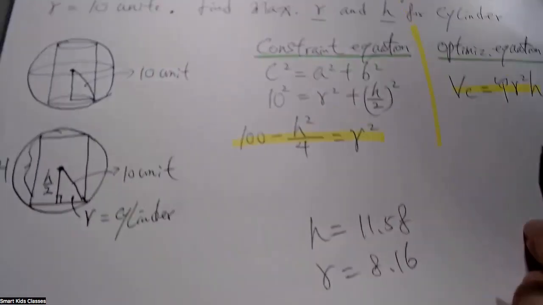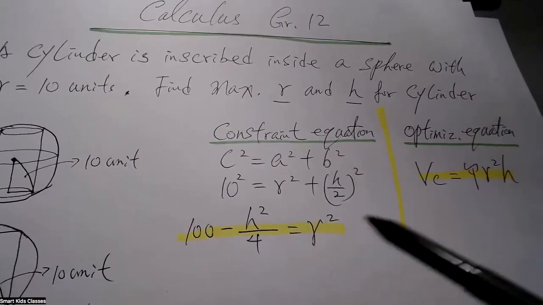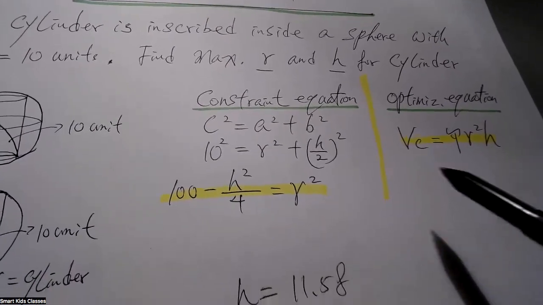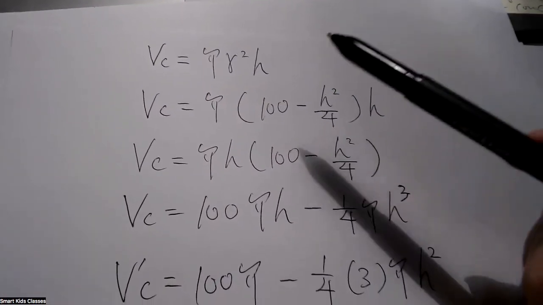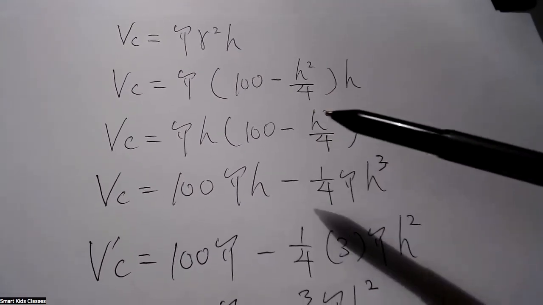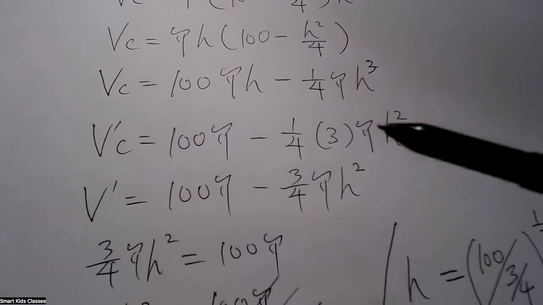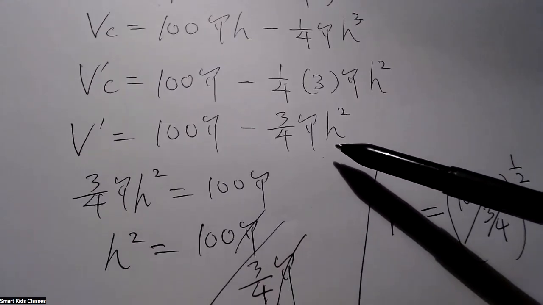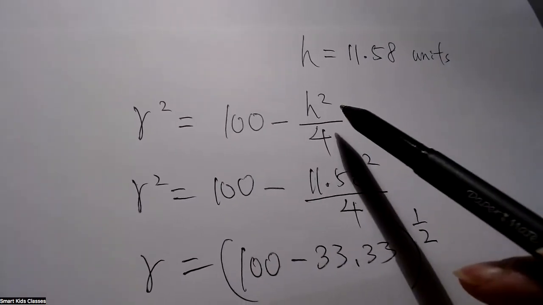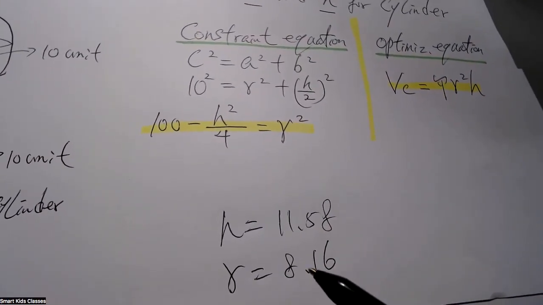That's how we solve the calculus question using the constraint equation and the optimization equation, and use substitution into the optimization equation, simplify, and get the derivative equation ready. Then you find the only unknown variable, h. Plug h into the constraint equation and you find the radius.